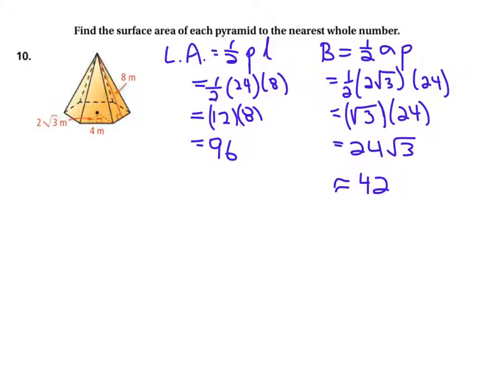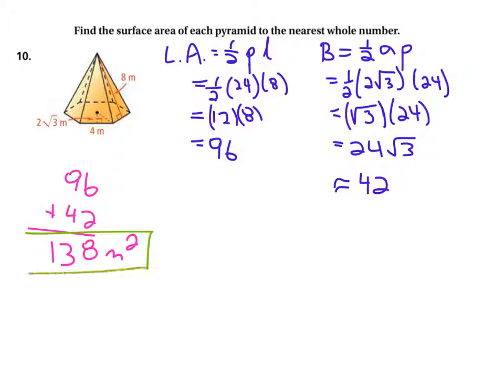And I'm rounding it off there before adding because I already know the other number that I got for the lateral area is a whole number. So we say then 96 plus 42 is 138. What is the units? They are meters squared. And might as well box my answers. It's a good thing to do. Yep, that's how you do it.